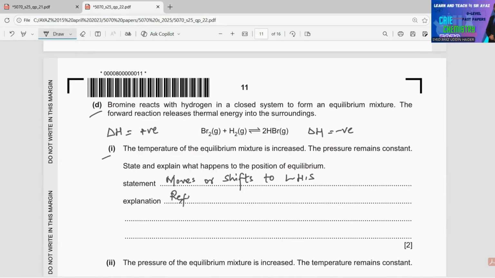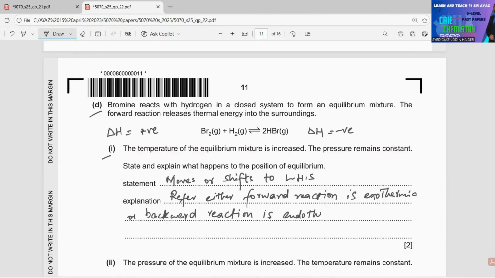Refer either forward reaction is exothermic or backward reaction is endothermic.